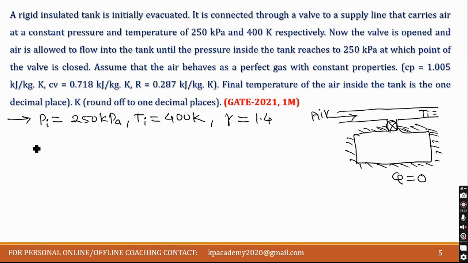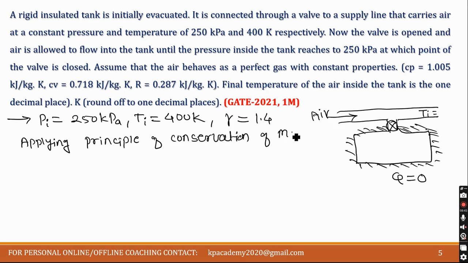So applying the principle of conservation of mass, considering the gas present inside the tank as a system, we have change in mass of the system, or we can say the gas, equal to mass that enters minus mass that comes out from the tank. So that's what we have.